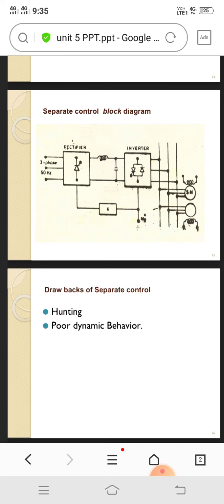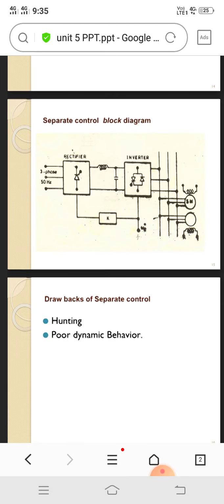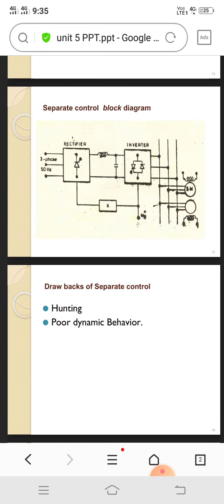There are some drawbacks. The drawbacks of separate control are hunting and poor dynamic behavior. Why are these drawbacks produced in this operation? It will search or align a number of operations before and after the synchronous motor operation.